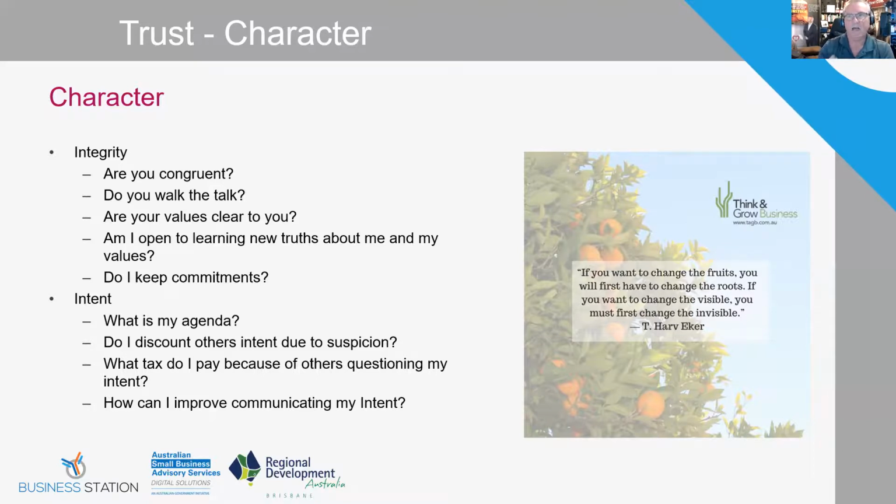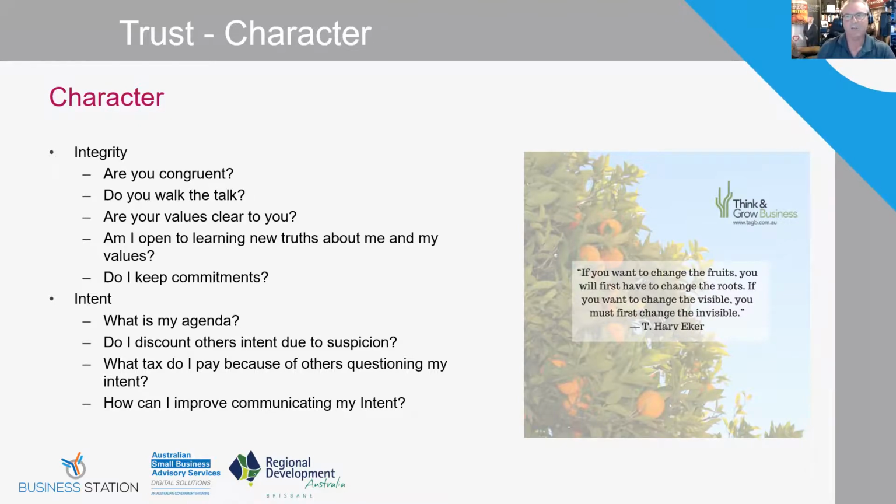And so are you congruent? Do you walk the talk? If you say that you're a person of character, is that being clearly indicated in how you behave and how you respond and how you react and act with others? Are your values clear to you is probably a really good starting place. So do I have values?